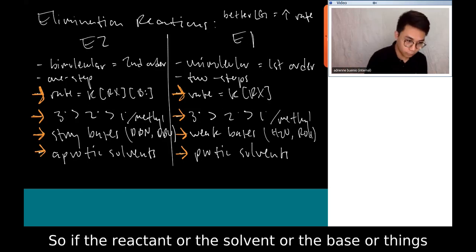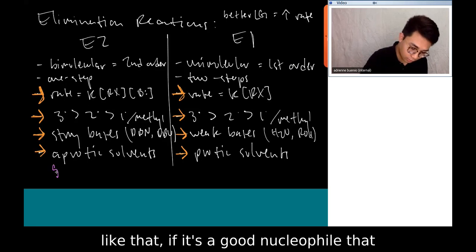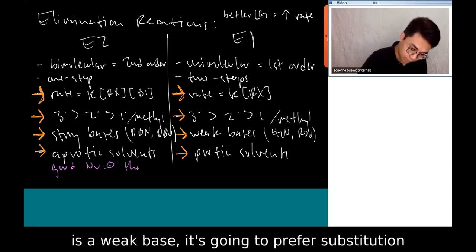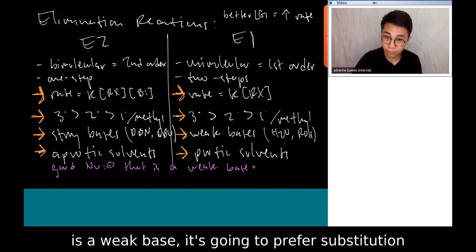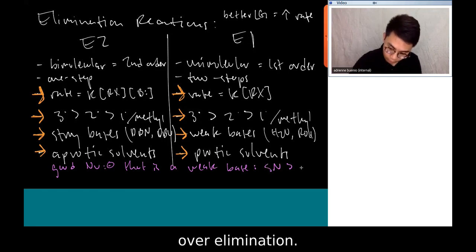If the reactant or the solvent or the base is a good nucleophile that is a weak base, it's going to prefer substitution over elimination.